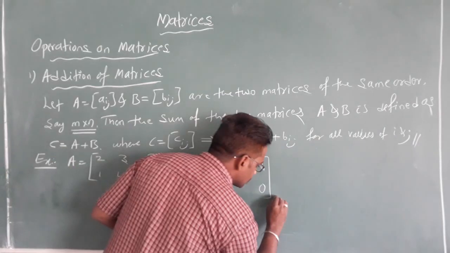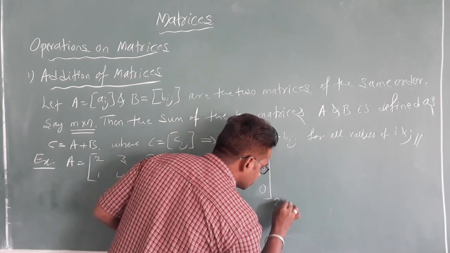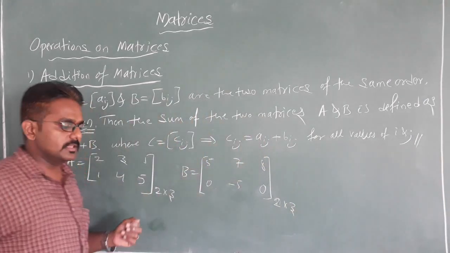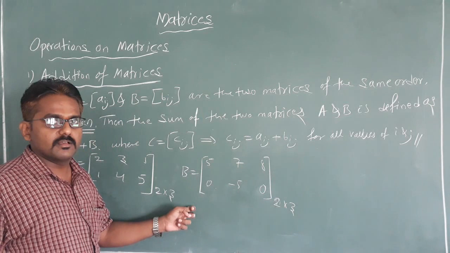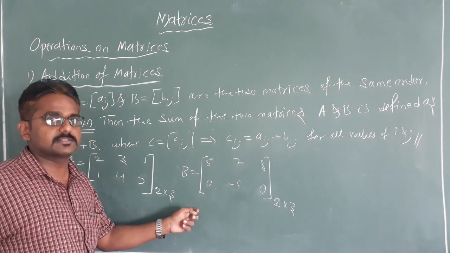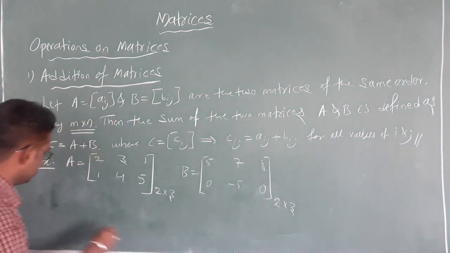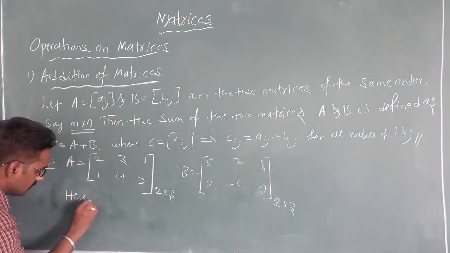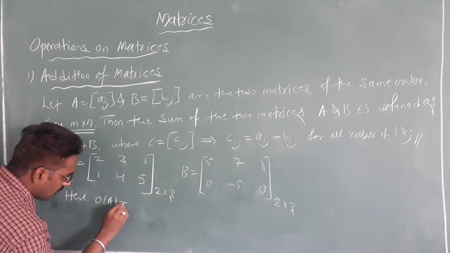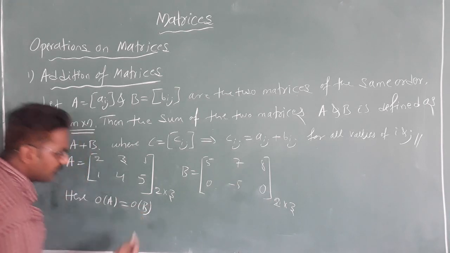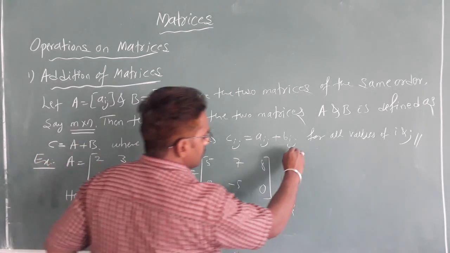This is also a 2 cross 3 matrix. Here A and B are of the same order. Order of A equals order of B.